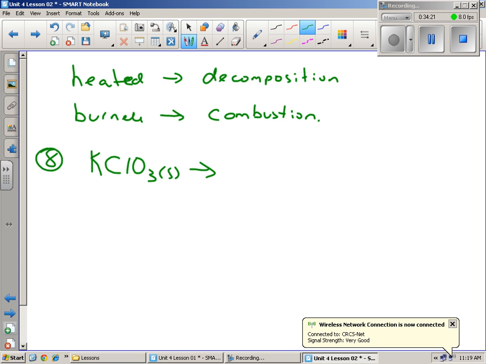Well, what did I tell you guys to do? I said, if you're going to heat this, this is decomposition. And if you're going to do decomposition, I want every element by itself. So I said, well, potassium, chlorine, and oxygen. Each element by itself. That's decomposition. We looked at that earlier today.